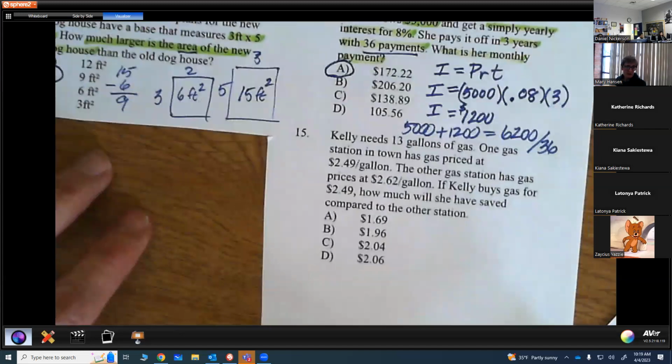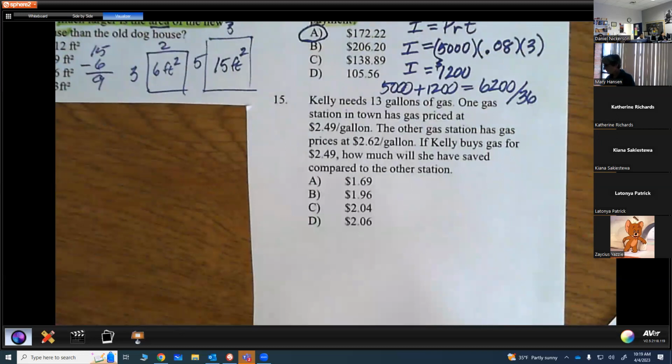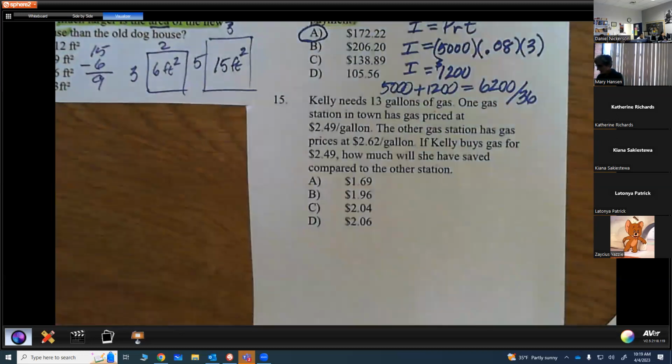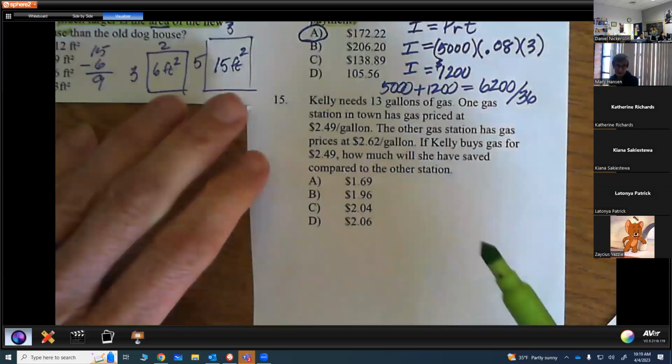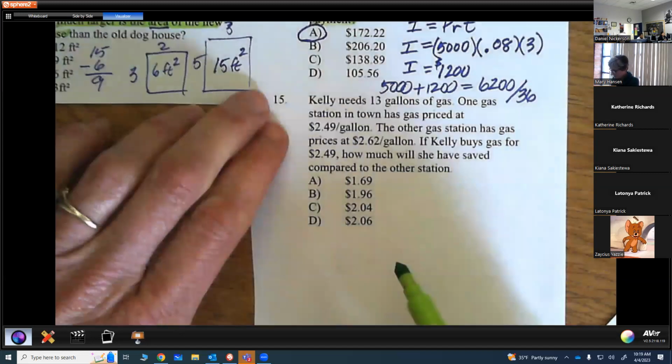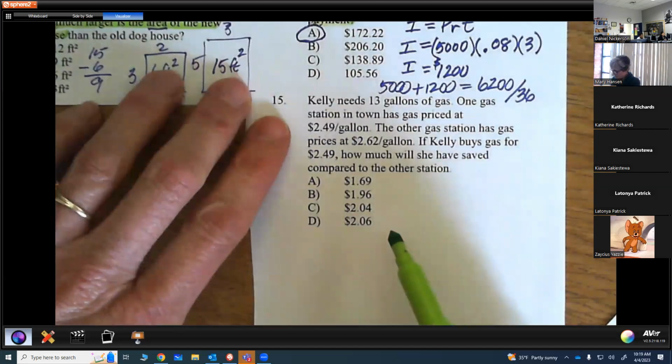Okay, on number 15, this is a practical problem for us. When we're filling up our vehicles, and I don't know about Flagstaff, but in Page, the gas prices can vary incredibly from station to station, depending on where they think they can get the tourists to pay the most money.